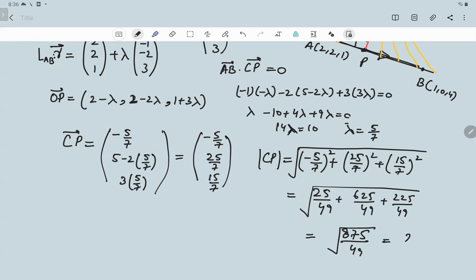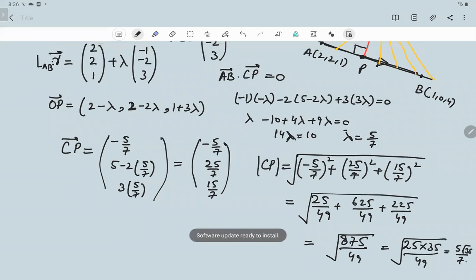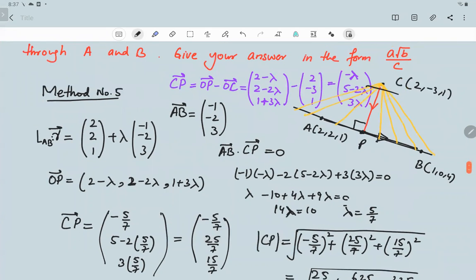That is the square root of 25 multiplied by 35 over 49, which equals 5 root 35 over 7. So we have calculated CP by a totally different method. I hope you understand this.